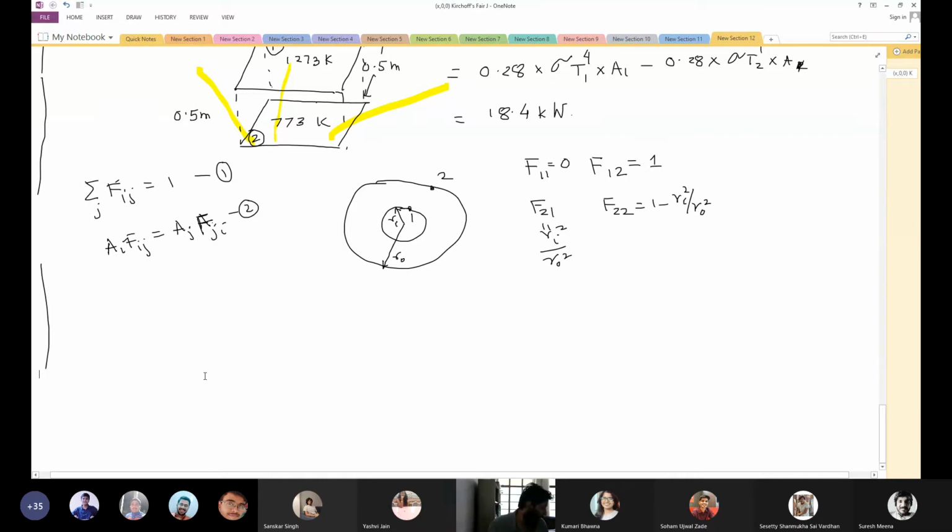So it is radiation exchange between opaque, diffuse, and gray surfaces in an enclosure.